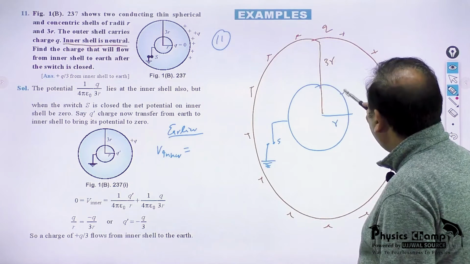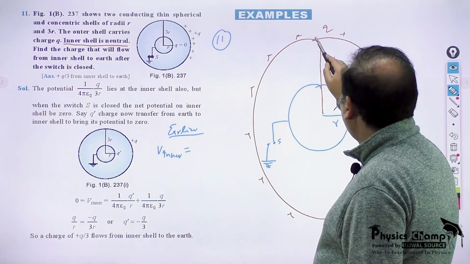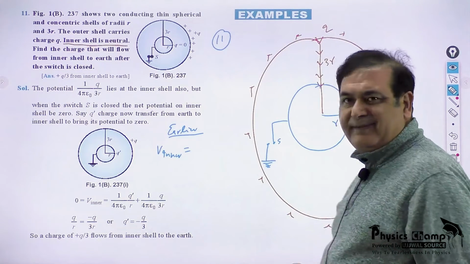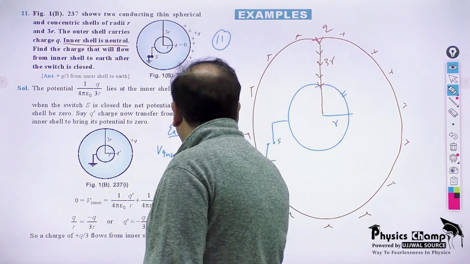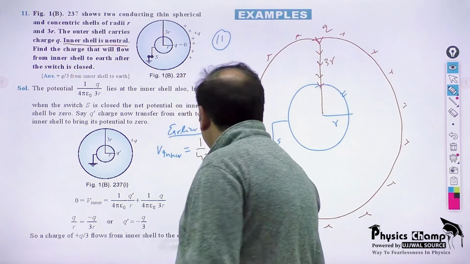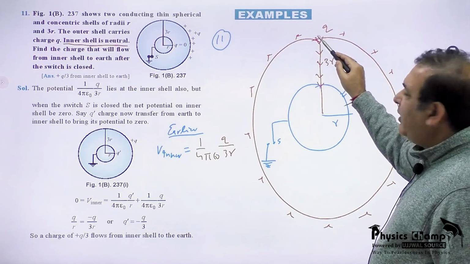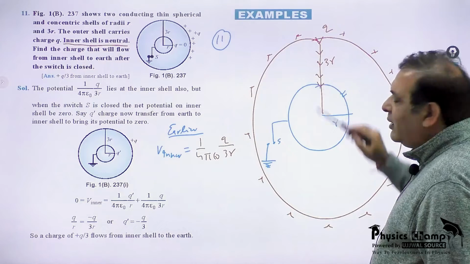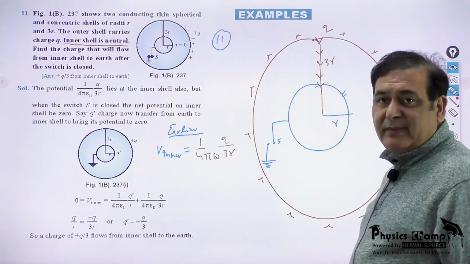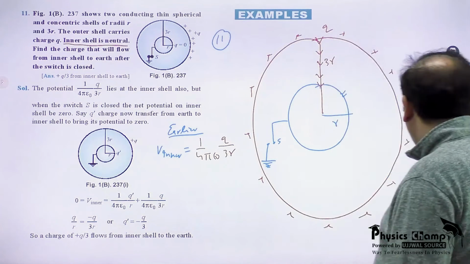The potential of the outer shell will carry inward. The potential on the outer shell will be 1 by 4 pi epsilon naught q by 3r, and the same potential will carry inward everywhere. The inner shell has no charge of its own. So this is the earlier situation. But then what happened?